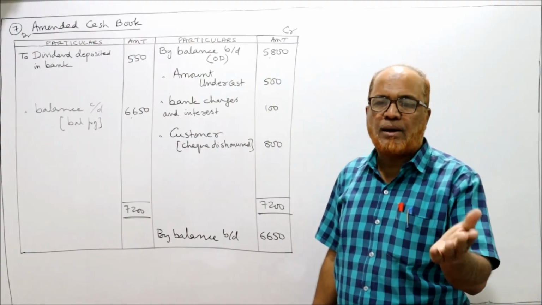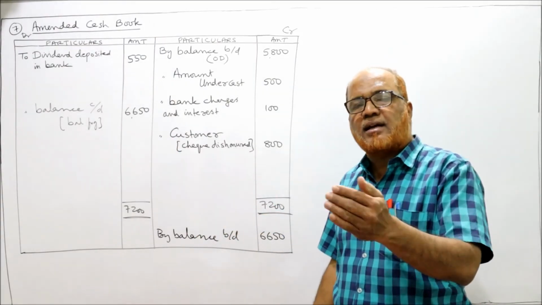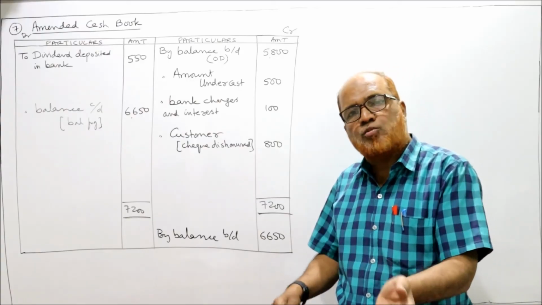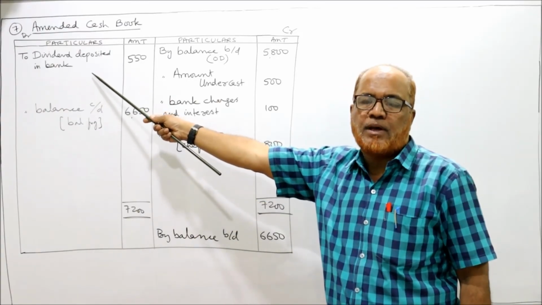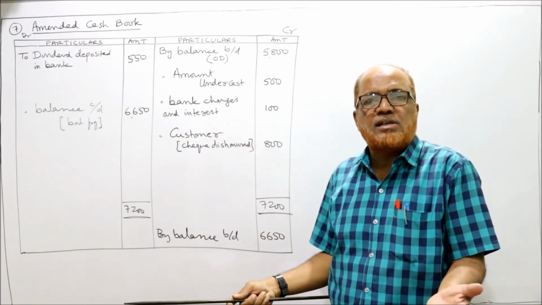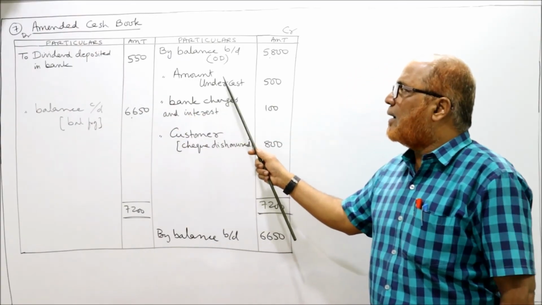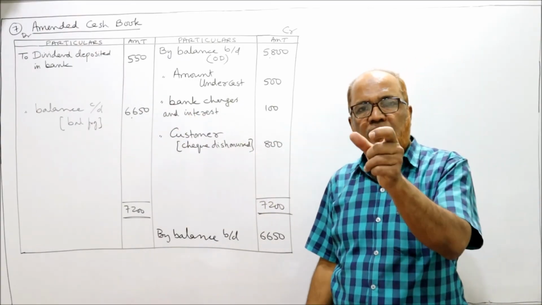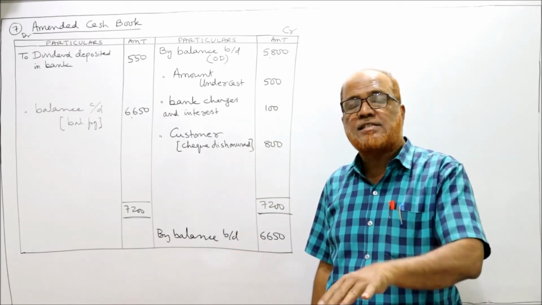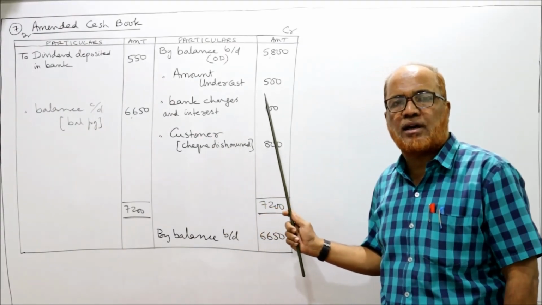Now we have taken all the items which are in the passbook into the cash book also. For example, the dividend collected by the banker was entered in the passbook; we had not taken it in the cash book, now we have. This item will not appear in the BRS because it is in both books. Similarly, there is an undercast amount of rupees 500 on the credit side of the cash book, which we have now taken on the credit side.